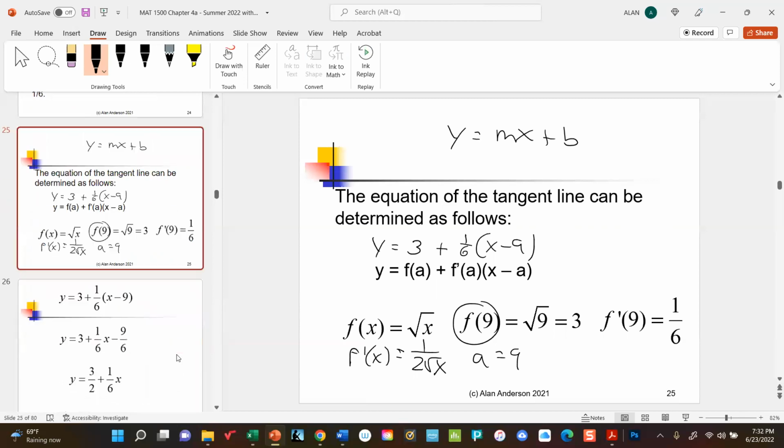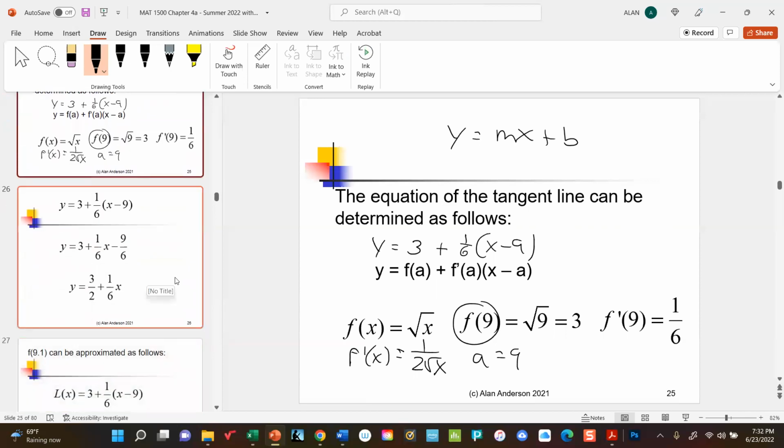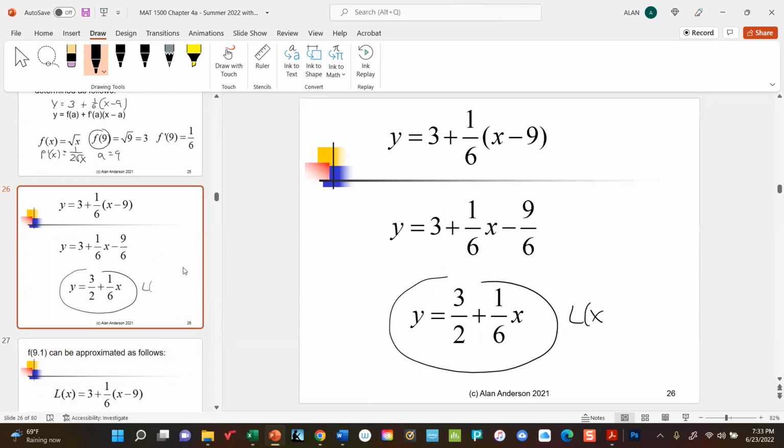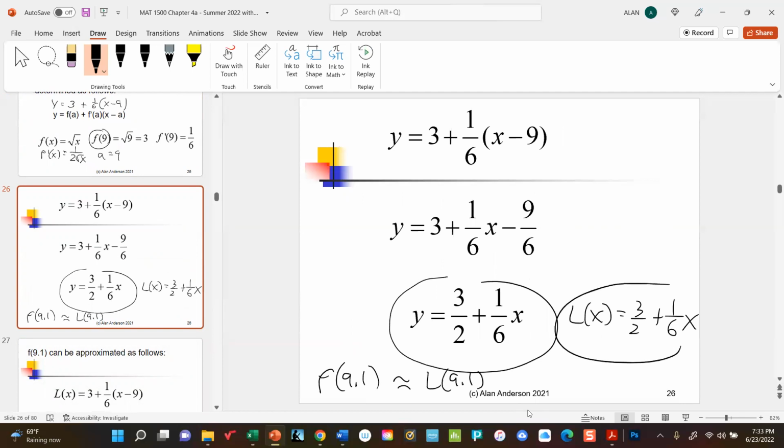And in fact, if you do that, just rearranging it a little bit, you get 3/2 plus 1/6 of x. So this is what they mean in the book by the linearization function. And in order to approximate the value of the function at 9.1, it's going to be approximately equal to this linearization function evaluated where x equals 9.1.